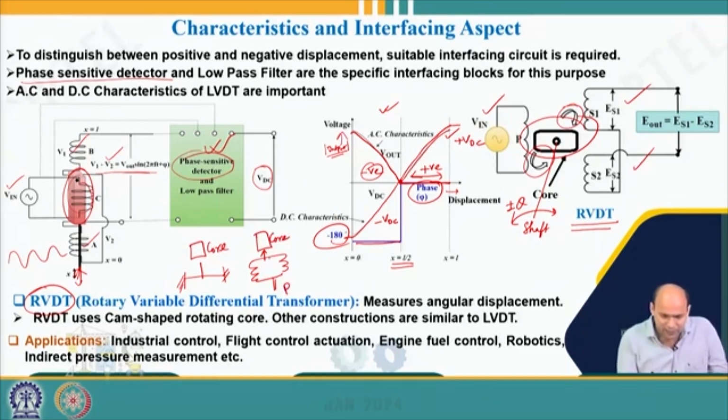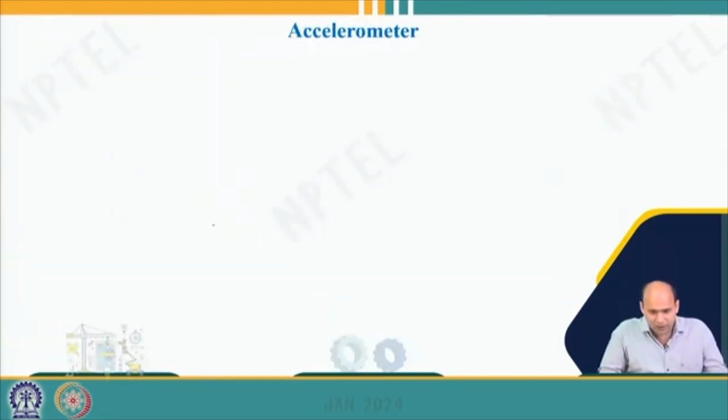Due to pressure, the bellow or diaphragm displacement will change, and that displacement will be converted into voltage using the LVDT. In that way the LVDT can be used as the secondary sensing element for pressure measurement as well, right? So this is about our LVDT, RVDT and the potentiometer.